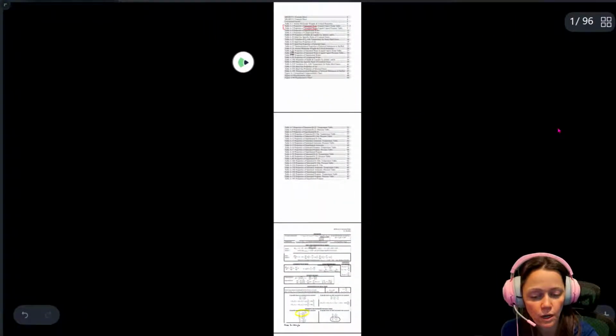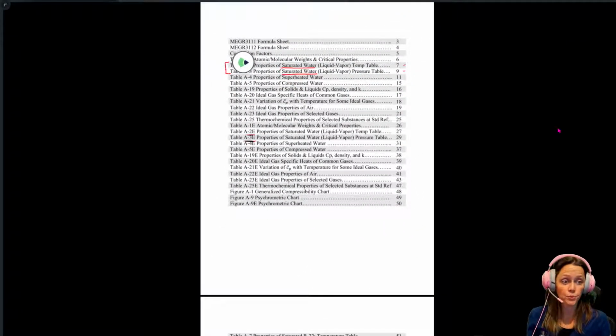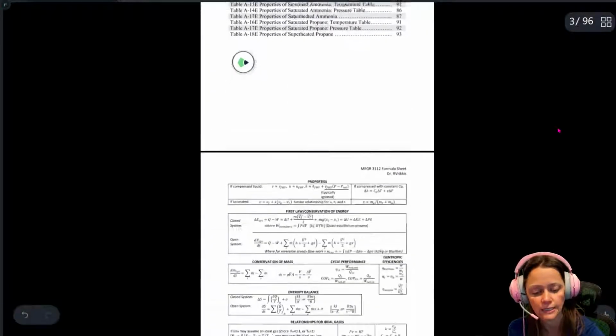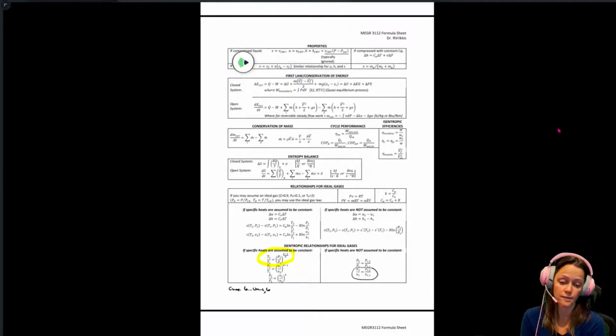So make sure, as you're going through problems, you're used to flipping through it. I mean, there's a table of contents, but just be familiar with where stuff is. There's a lot of extraneous stuff, but have an idea of where the stuff that you need is.